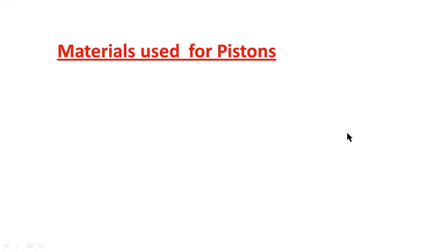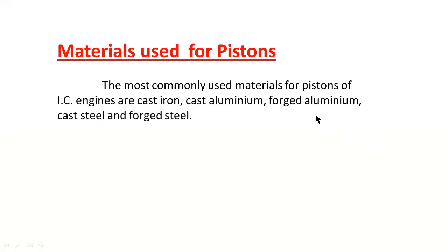Now the materials used for pistons. The most commonly used materials for pistons of IC engines are cast iron, cast aluminum, forged aluminum, cast steel, and forged steel. So these are the materials used for making the pistons.